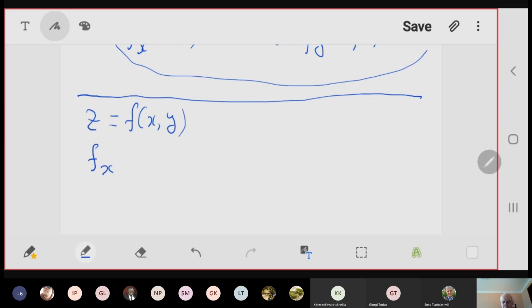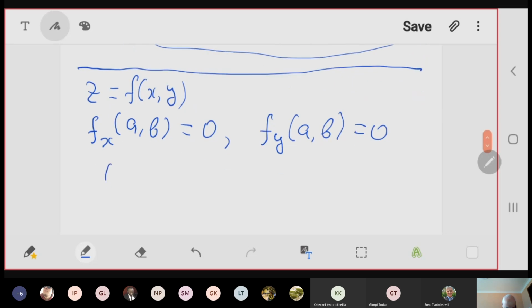And we should find the point (a,b), a point, an ordered pair. Point I mean in the plane, it's the geometrical interpretation of an ordered pair. So it's a critical point.